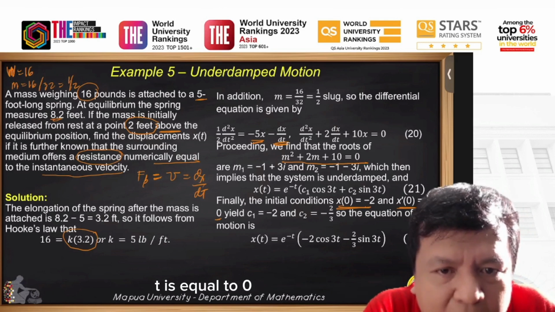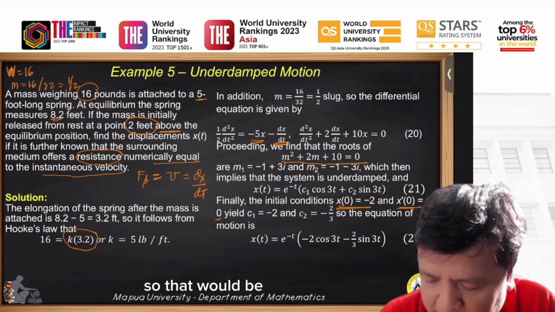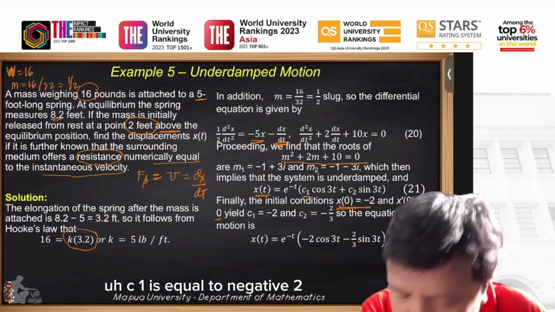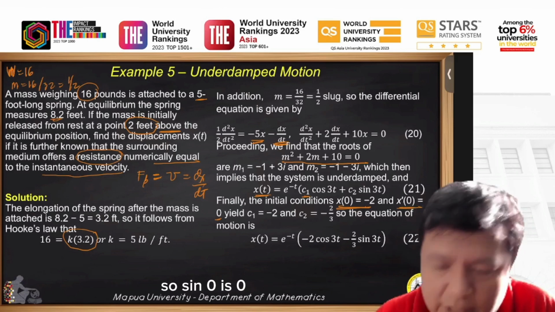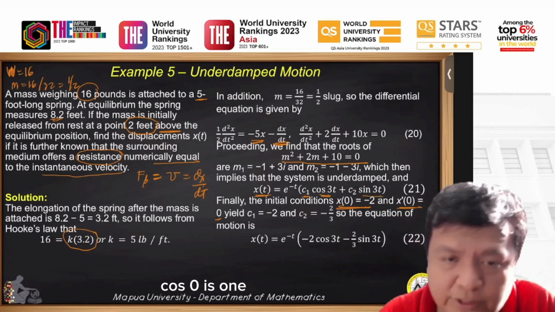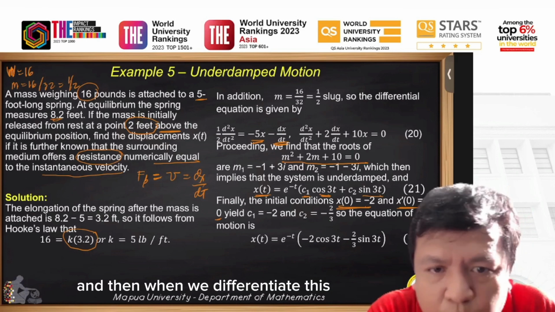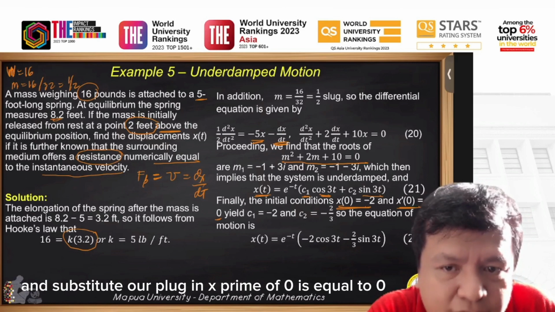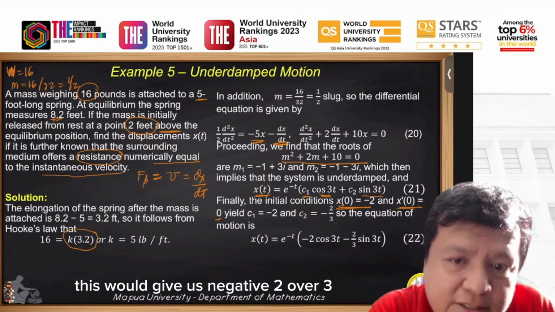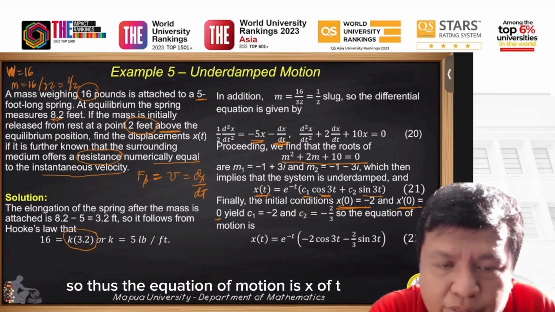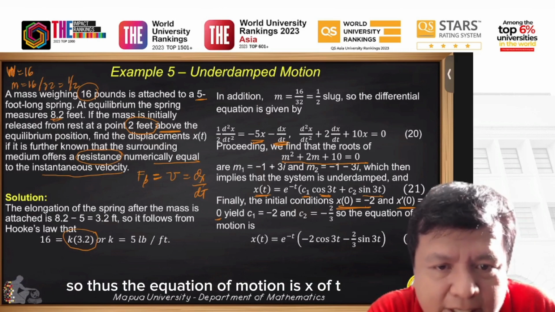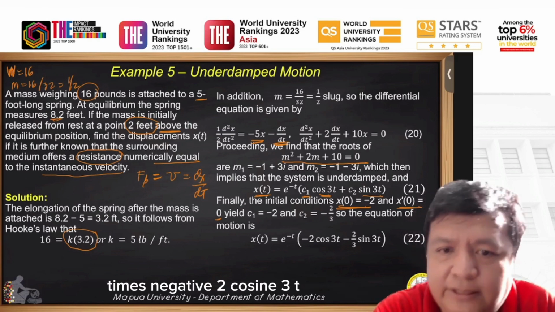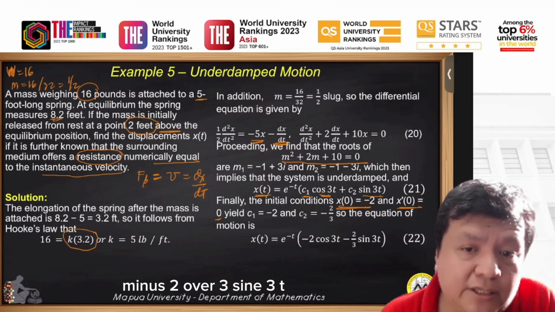When we plug in t equal to 0, c1 is equal to -2, since sine 0 is 0 and cosine 0 is 1. Then when we differentiate and plug in x prime of 0 equal to 0, this gives c2 equal to -2 over 3. Thus, the equation of motion is x of t equal to e raised to -t times -2 cosine 3t minus 2 over 3 sine 3t.